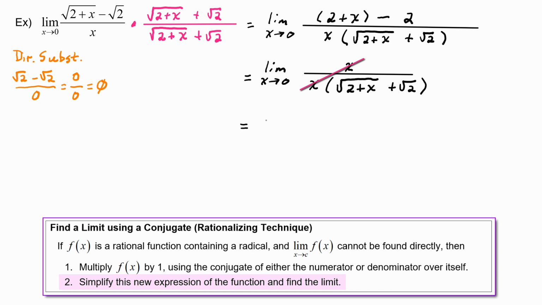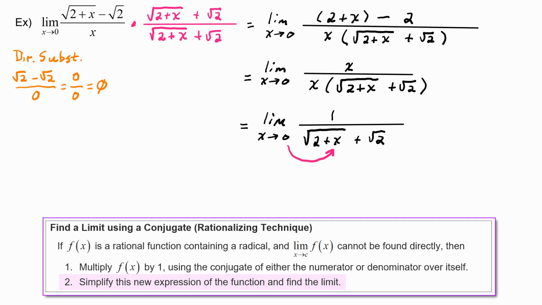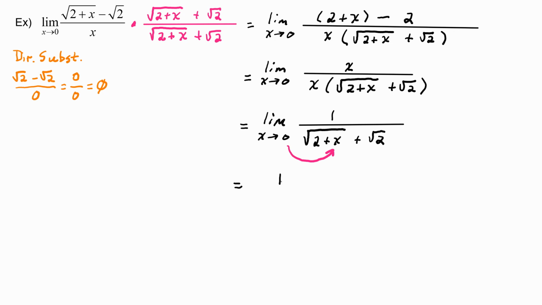So this becomes the limit as x goes to 0 of 1 over square root of 2 plus x plus square root of 2. Now we can perform the limit by doing a direct substitution, and we get 1 over radical 2 plus radical 2.